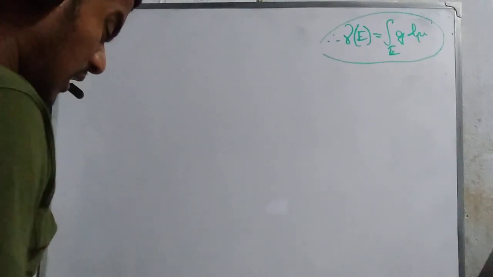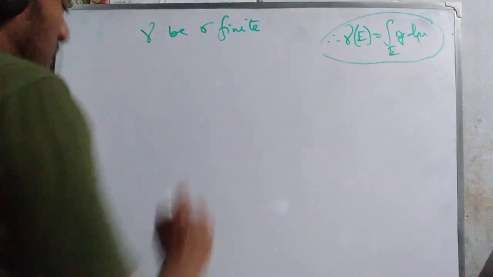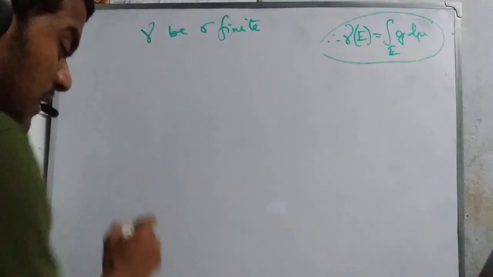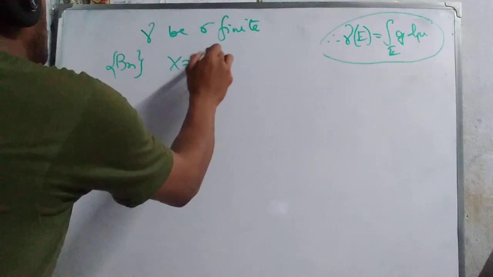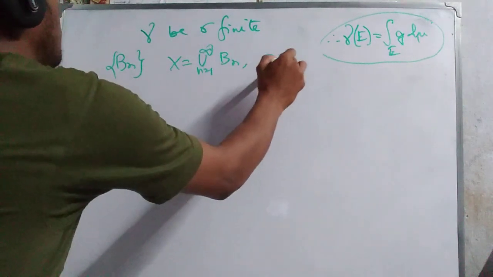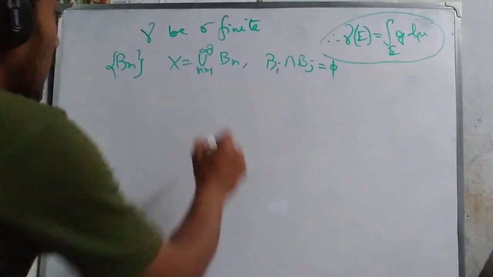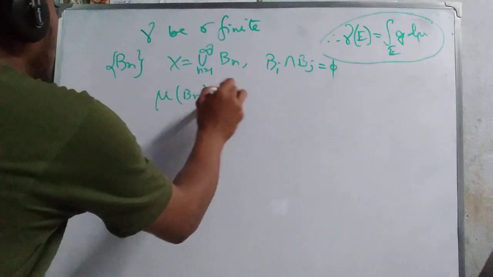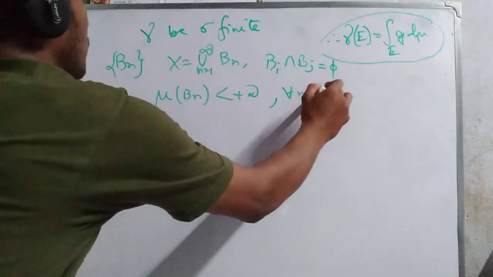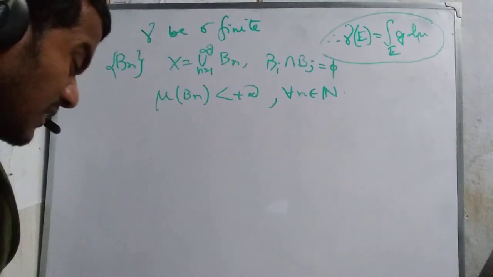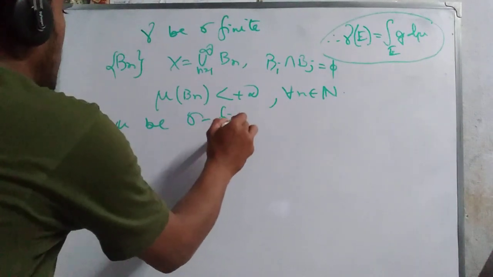Here we talk about that gamma be sigma finite, and obviously let Bn be a sequence, x equal to union n equal to 1 to infinity Bn, and Bi intersection Bj equal to empty set. Okay, then mu of Bn less than plus infinity for all n belongs to the natural numbers. Then mu is sigma finite.